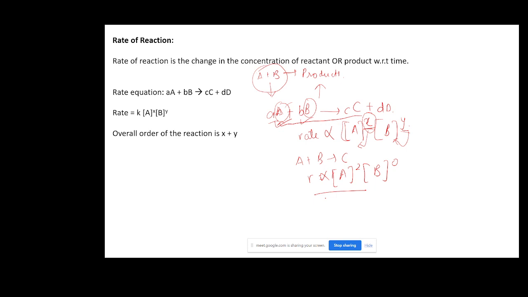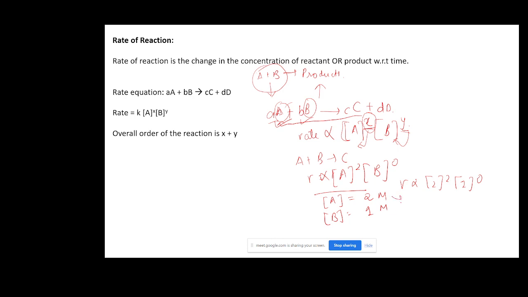If the initial concentration of A is 2 molar and of B is 1 molar, then the rate will be proportional to 2 molar squared and 1 molar power 0.